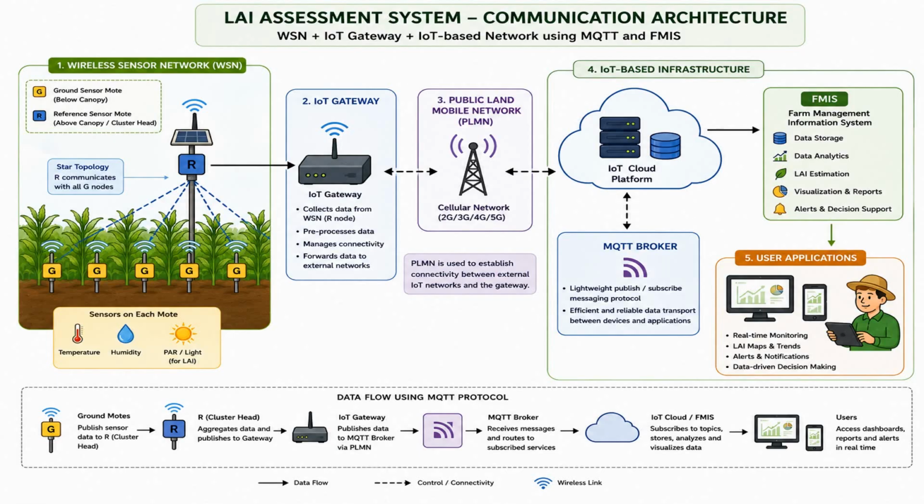Now at the field level, multiple ground sensor nodes, which are represented by this capital G, are deployed below the crop canopy to collect environmental data such as temperature, humidity and light intensity, that is the PAR.